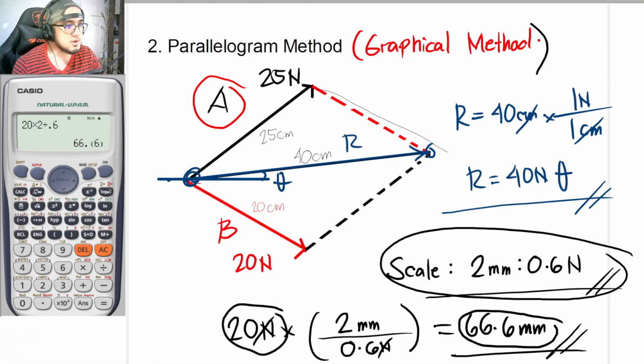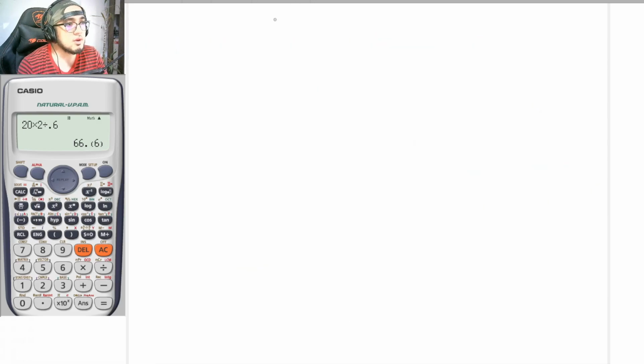Okay, side note: since you have measured from this point up until this point, and the arrow is located here, this is your resultant. When you say resultant, this is the combination of vectors.